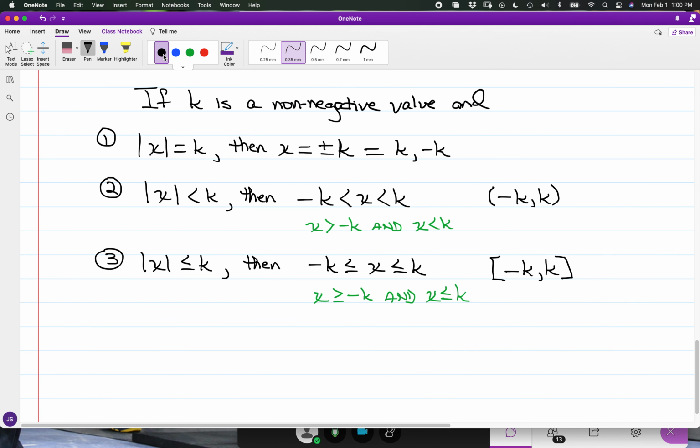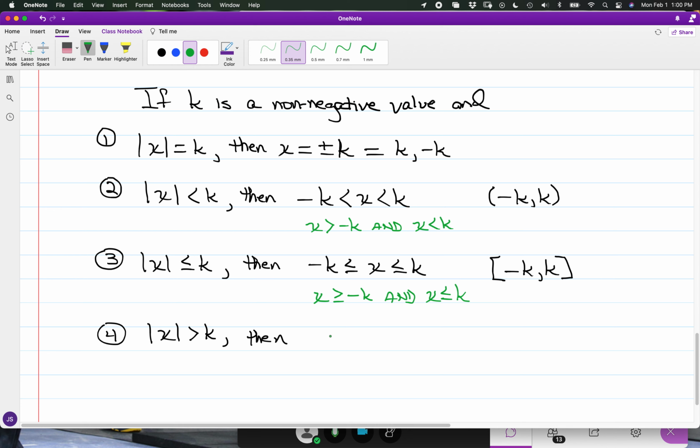Right. And then where we have a change in direction, if we have that the absolute value of x is greater than k, you're looking at increasing the distance away from 0 on the number line, both in the negative direction as well as the positive direction. So this is where your or statements will come in.